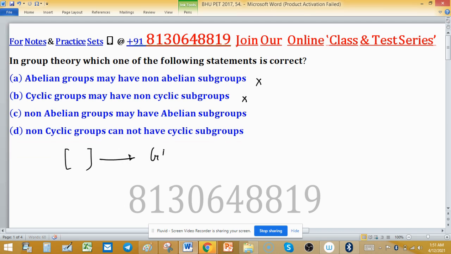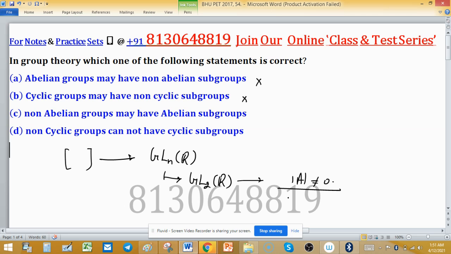you can consider GLNR, or restrict this GLN to order 2, meaning square matrices of order 2, which have non-zero determinant, and consider the subgroup as only diagonal matrices.